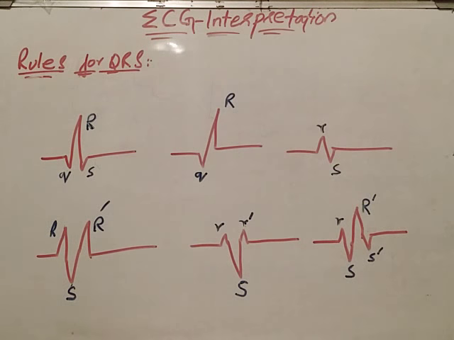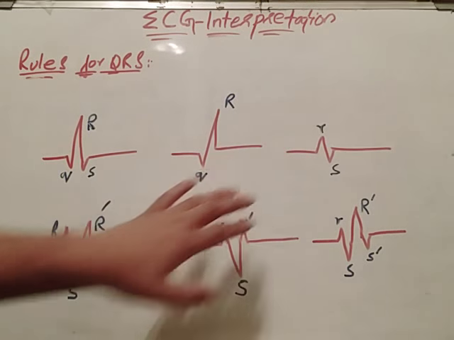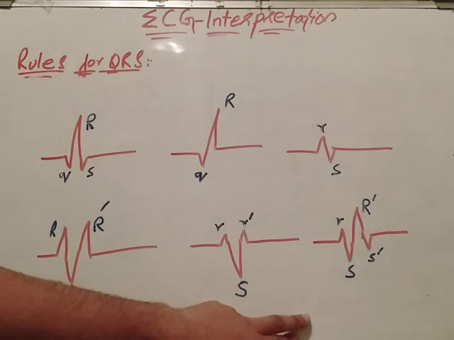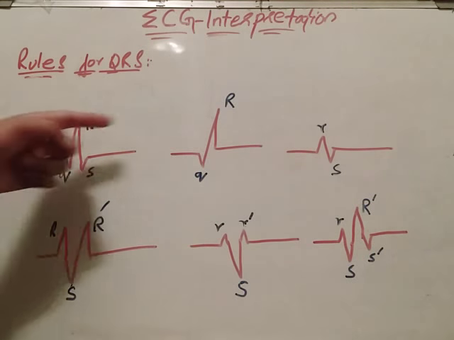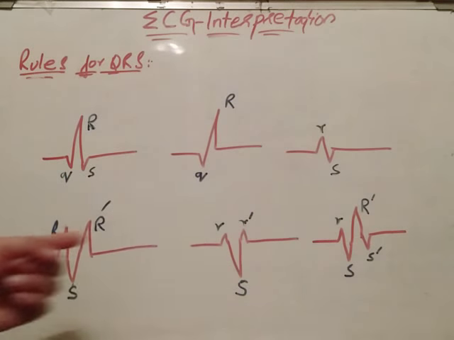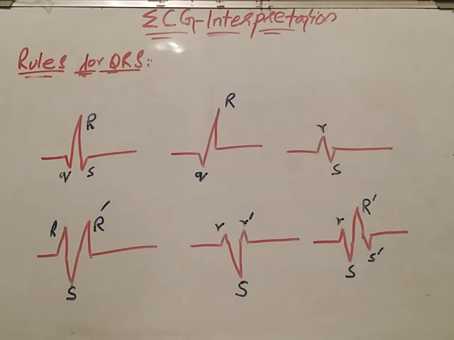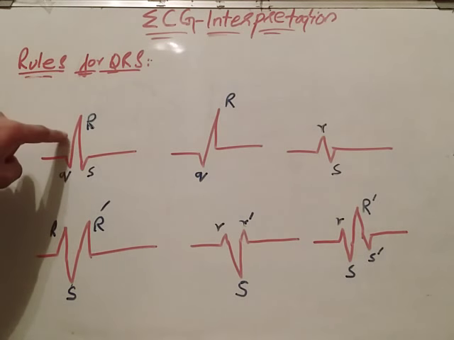So all these waves, we consider that all these are QRS complexes, but their configuration is different, but all have R waves. So we can take all these as that of a QRS complex.